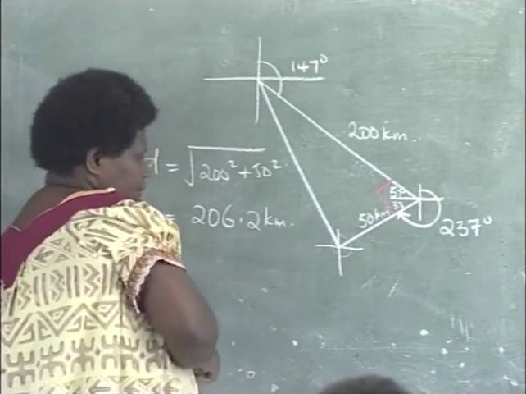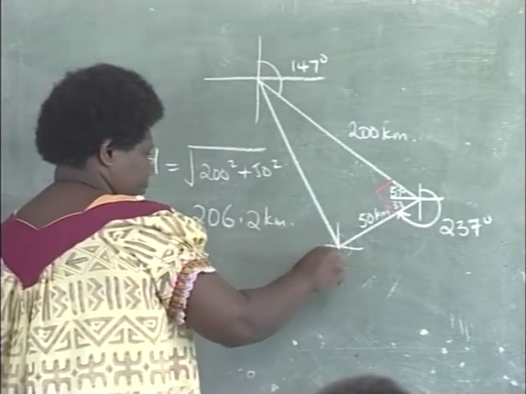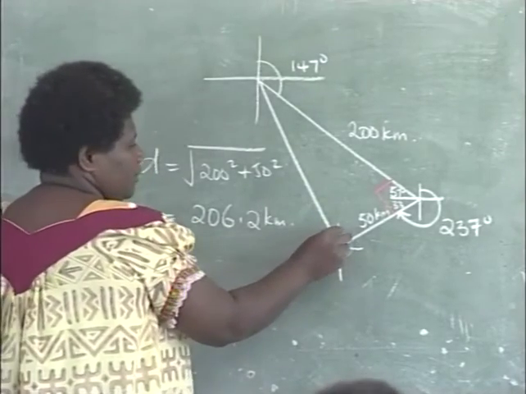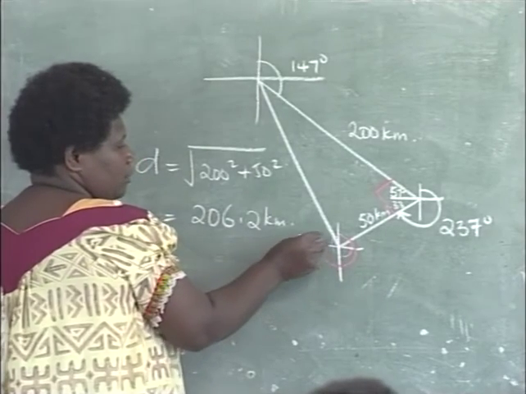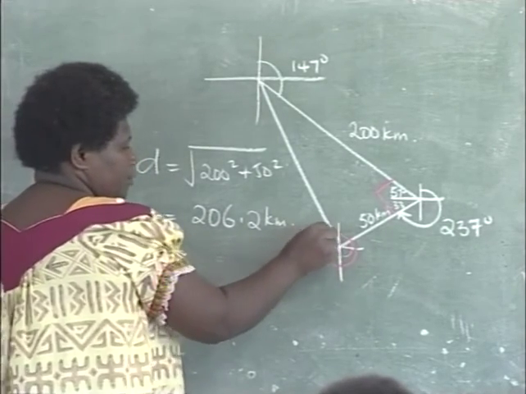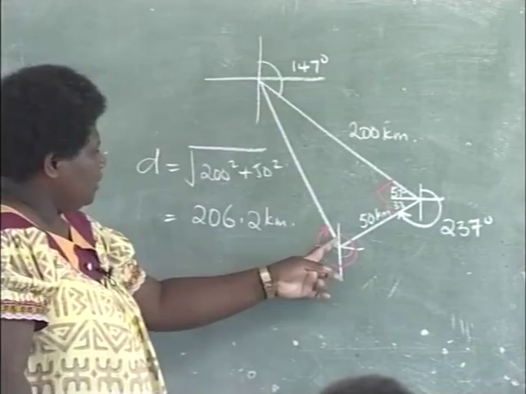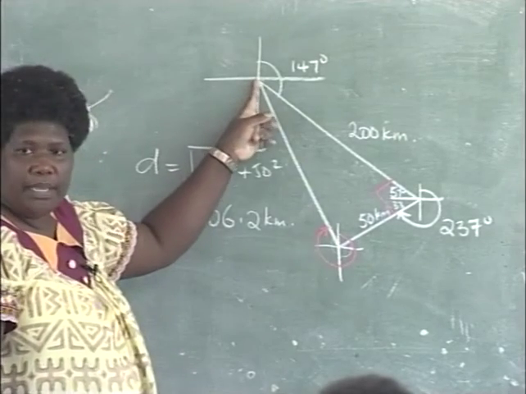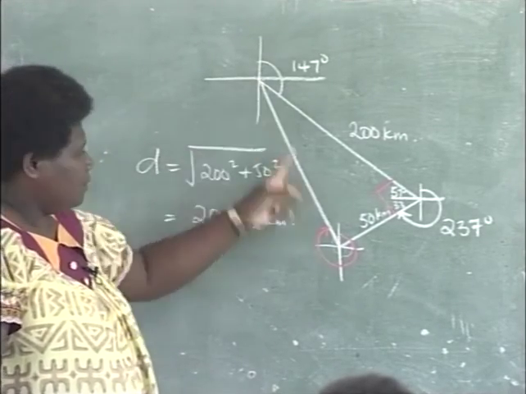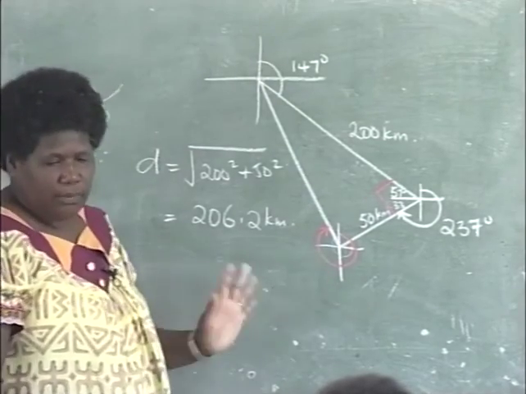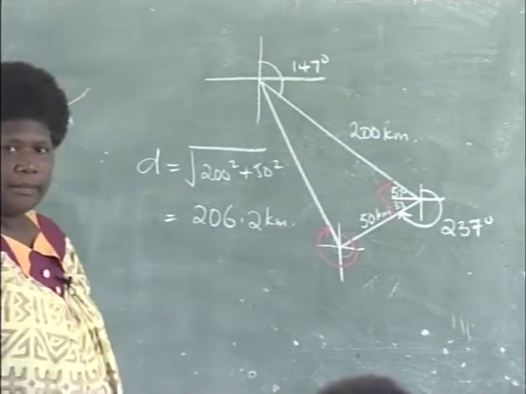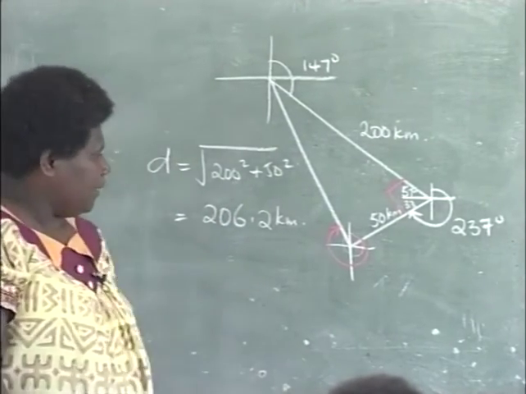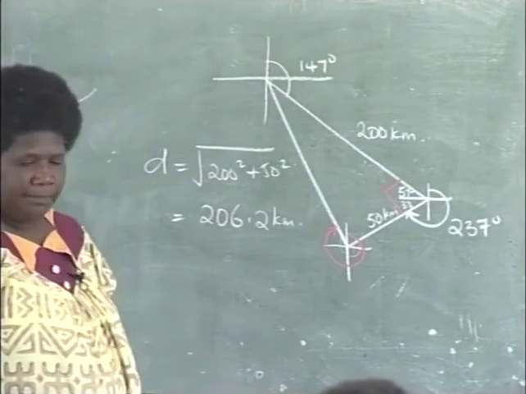From north, we have to measure from north all the way to this line, because that's the direction from base. Now, my question is, how are we going to find that angle? If you know the answer, please pick up the mic and tell us. We don't have much time.